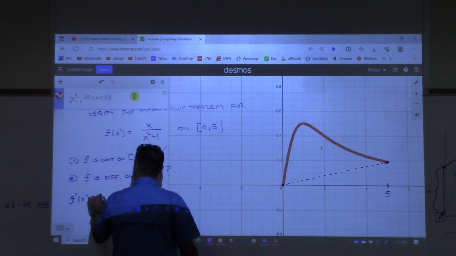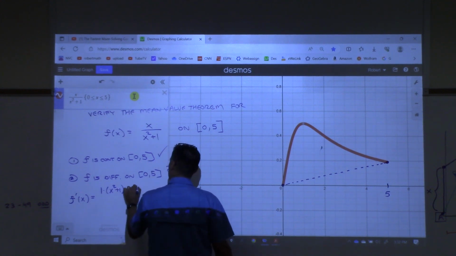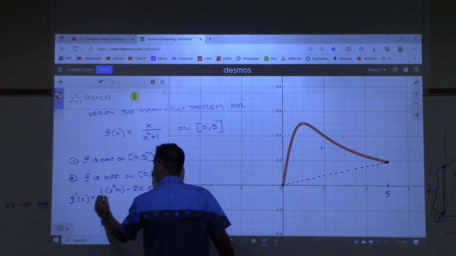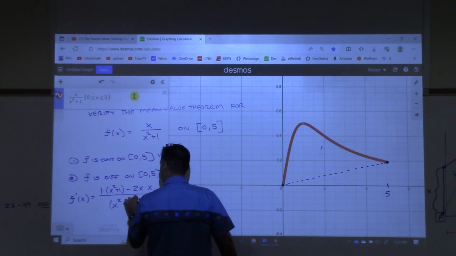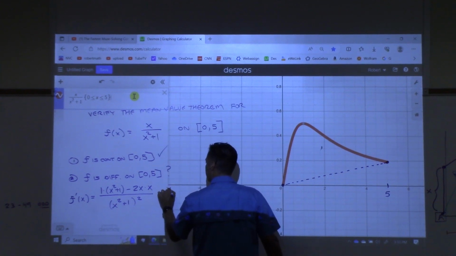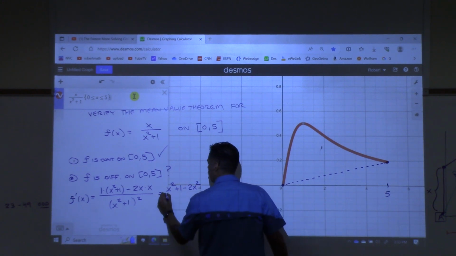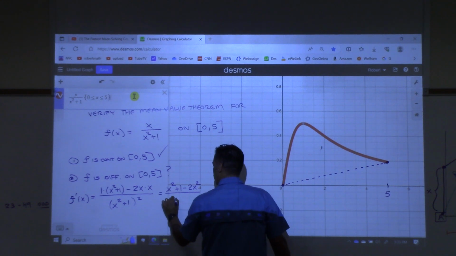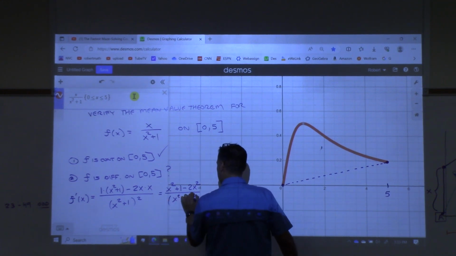So derivative of the top times the bottom minus derivative of the bottom times the top, all over the bottom squared, which equals x squared plus 1 minus 2x squared over x squared plus 1, that quantity squared.